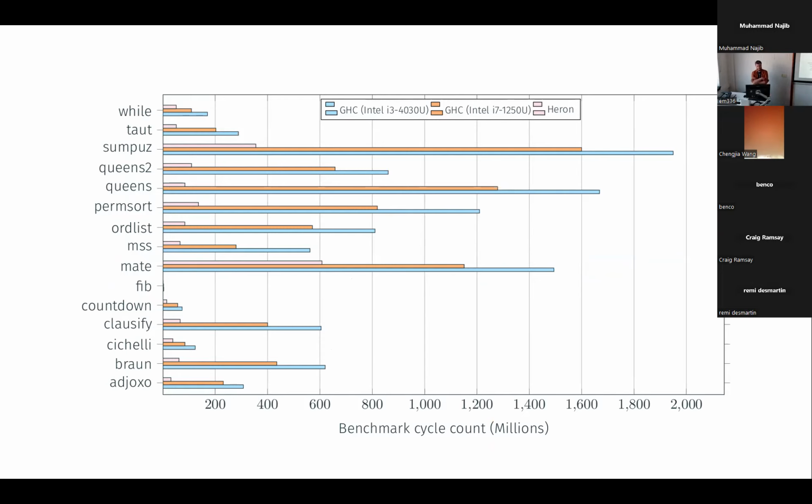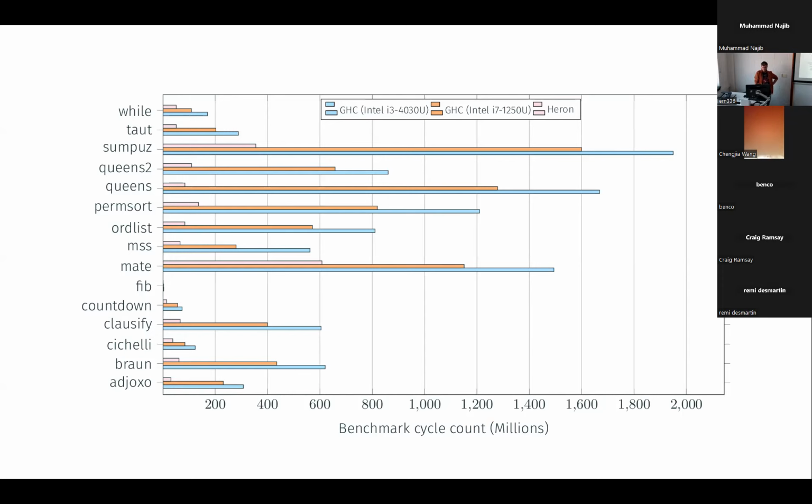So we can compare the number of cycles we need to evaluate a set of benchmark programs. And we're doing that against two Intel processors, both mobile processors. So we've got the i7 that is in this Dell XPS 13, and there's an older i3 that's in one of Rob's computers.